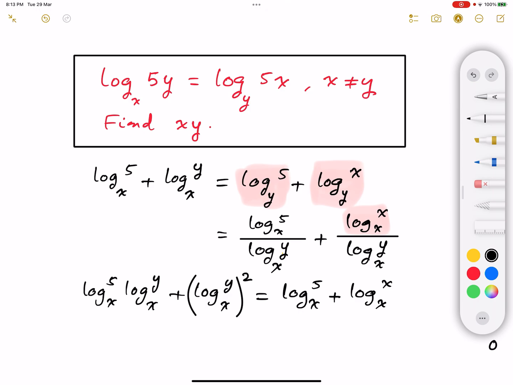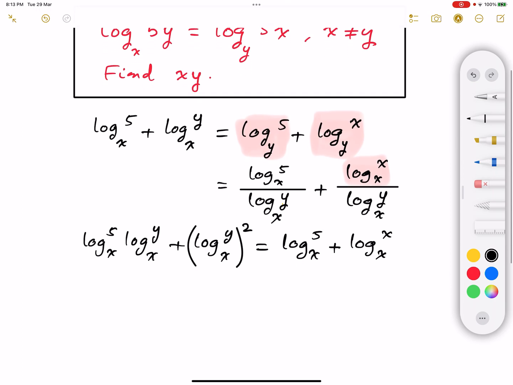We can move the right-hand side to the left-hand side and make everything equal to 0. So let's do that. And you can notice that we can get a quadratic equation in terms of the logarithm of y base x. First of all, I will start with the quadratic term, which is the logarithm of y base x, and that's going to be the squared term.